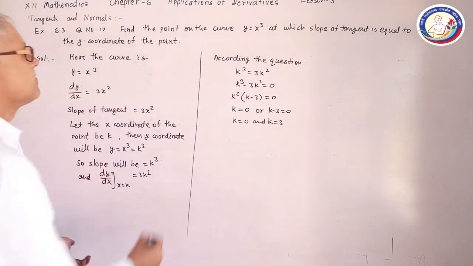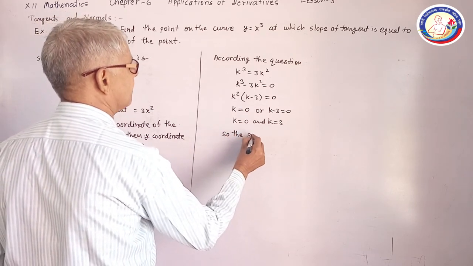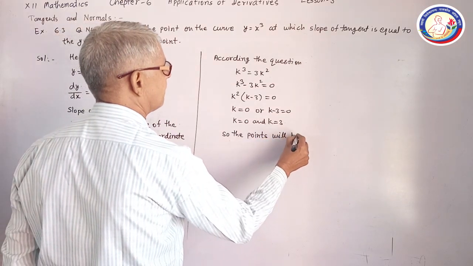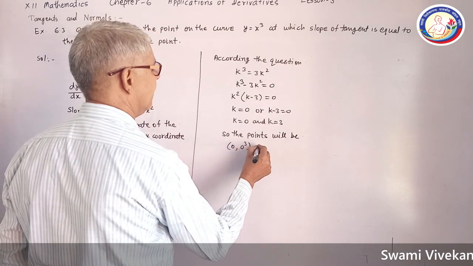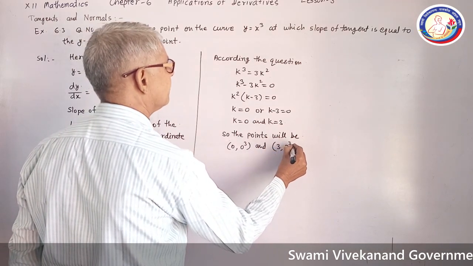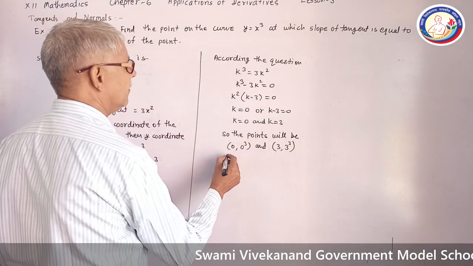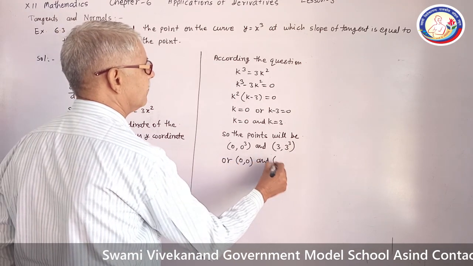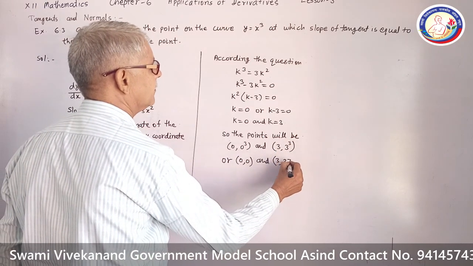So the points will be (0, 0 cube) and (3, 3 cube), or (0, 0) and (3, 27).